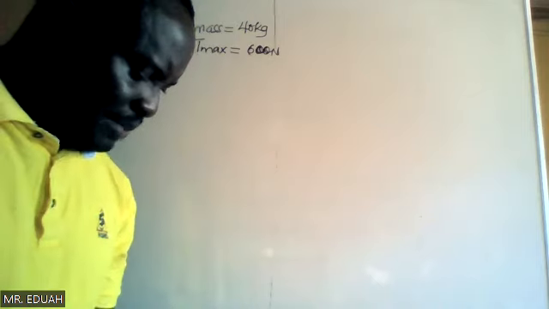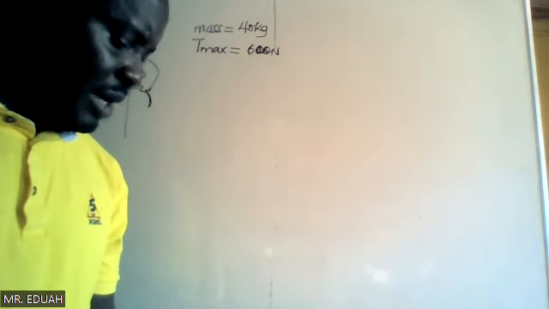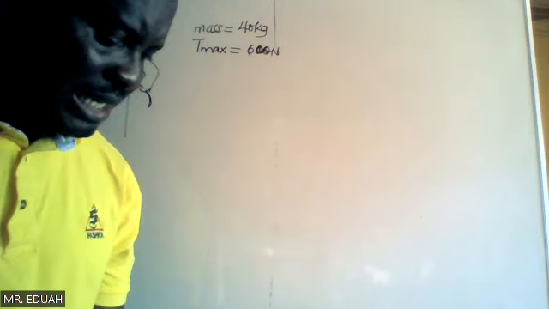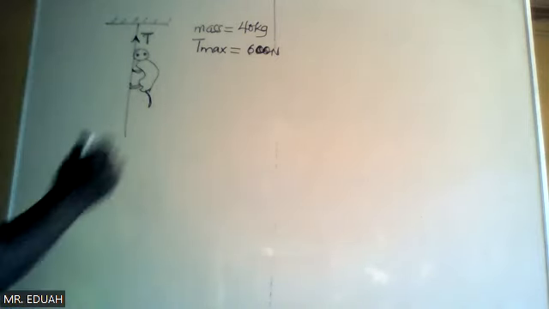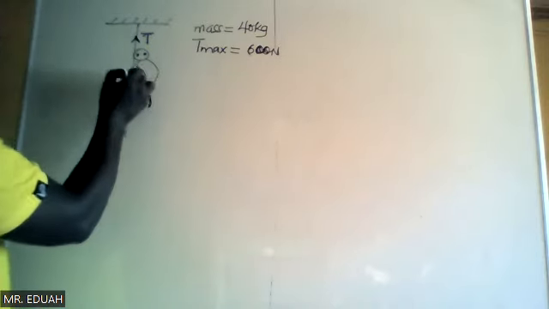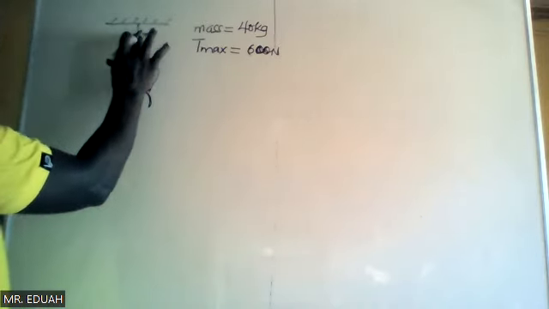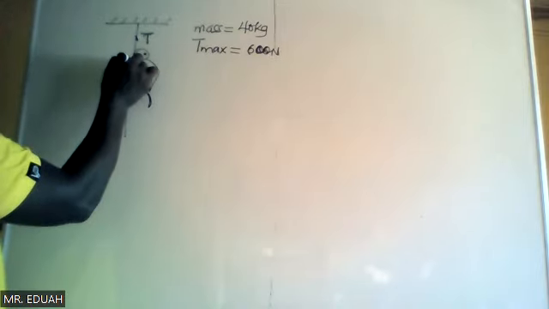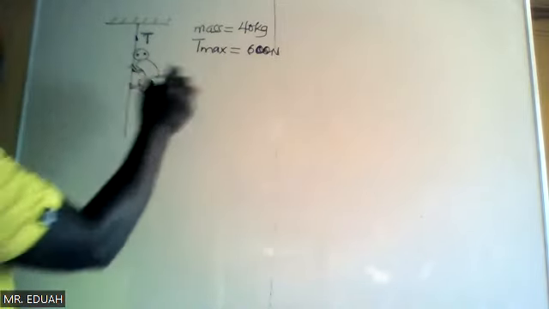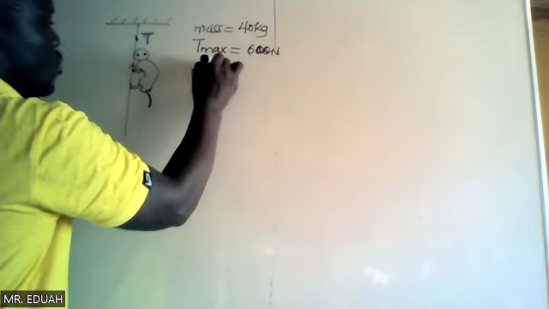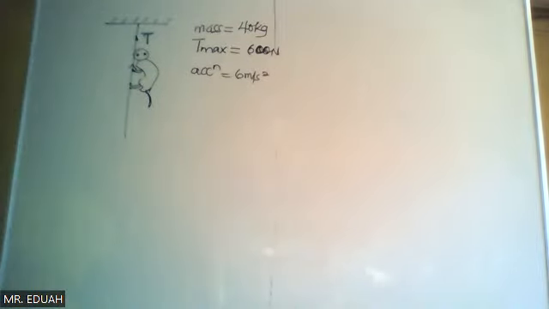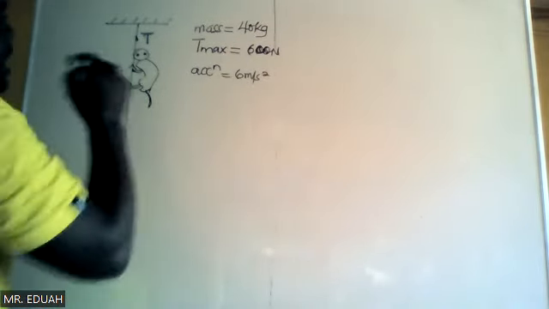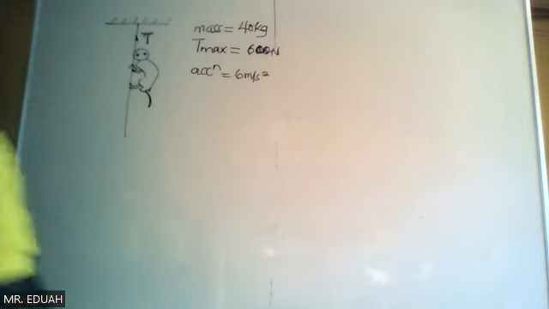So in part one, we are told that the monkey climbs up with an acceleration of 6 meters per second squared. What happens? Now let's look at the total force acting on the monkey.